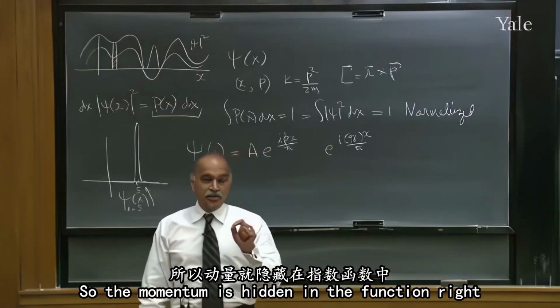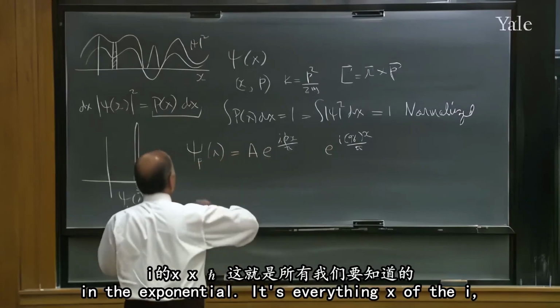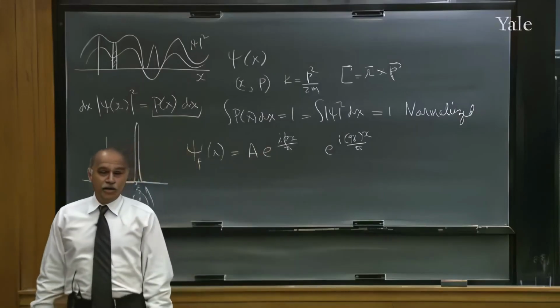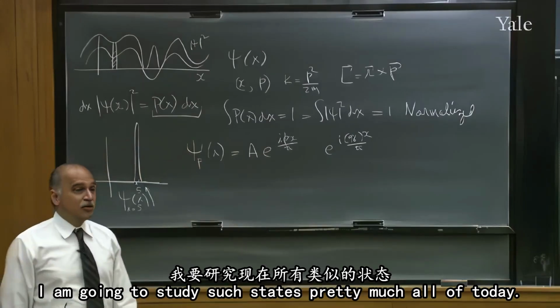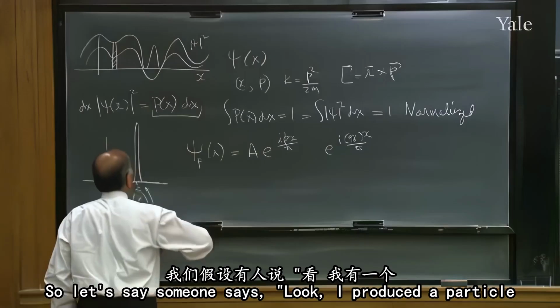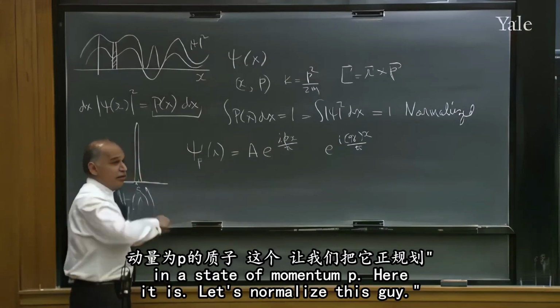So the momentum is hidden in the function, right in the exponential. It's everything except the i, the x, and the h bar. Whatever is sitting there, that's the momentum. I'm going to study such states pretty much all of today. So let's say someone says, look, I produce a particle in a state of momentum p. Here it is. Let's normalize this guy.